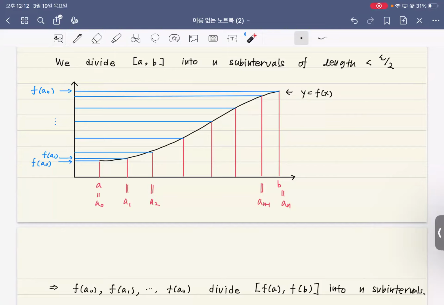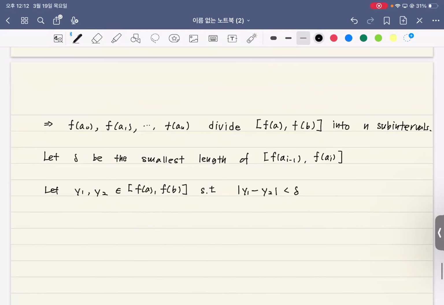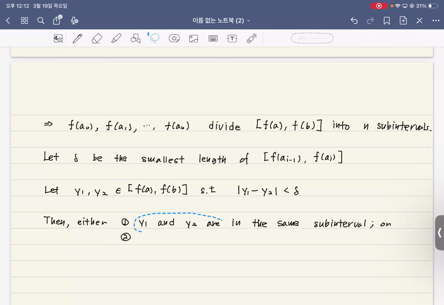So either they belong to the same subinterval or to two adjacent subintervals.